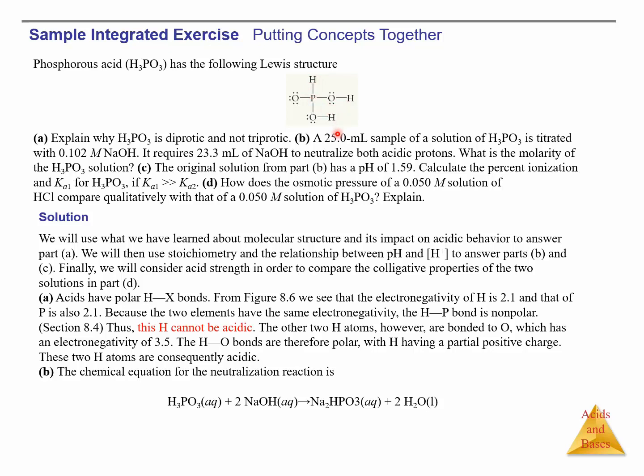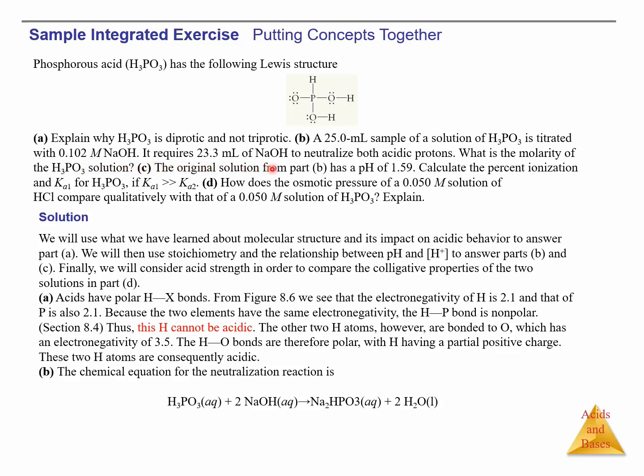Now, the other hydrogen atoms, however, are bonded to oxygen, which has an electronegativity of 3.5. So, the O-H bond dipoles are therefore polar, with H having a partial positive charge. These two H atoms are consequently acidic.